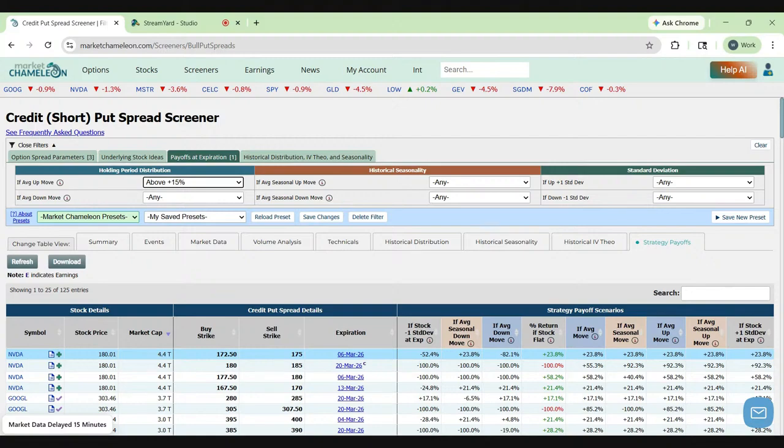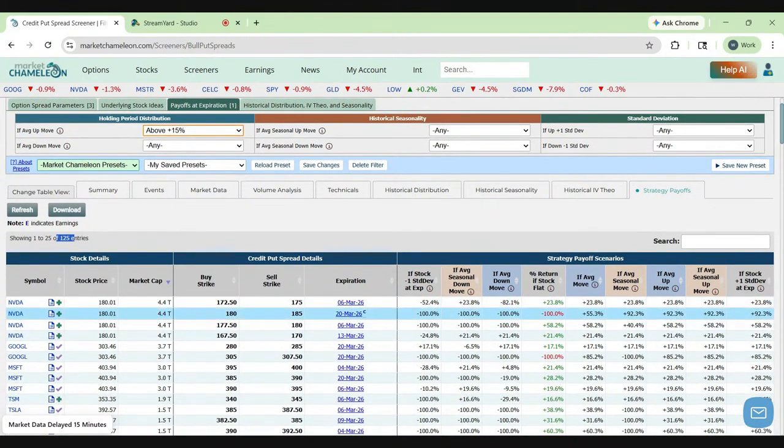So you could see here, these now narrowed it down to 125, where the payoffs here will be at least 23%, 92%, 58%.